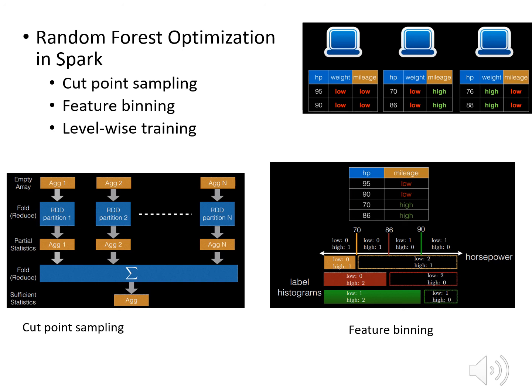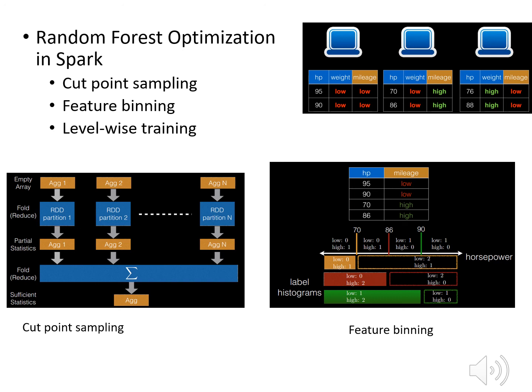The last approach for optimization is level-wise training. Basically, a decision tree is constructed using a recursive approach.